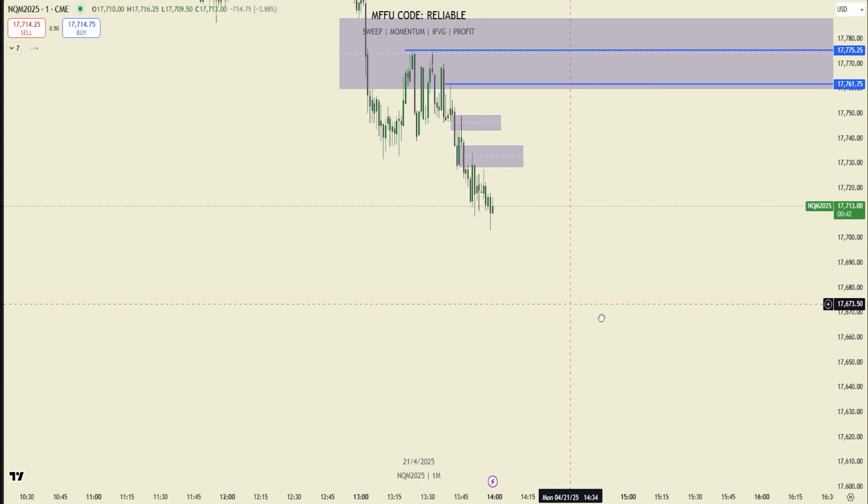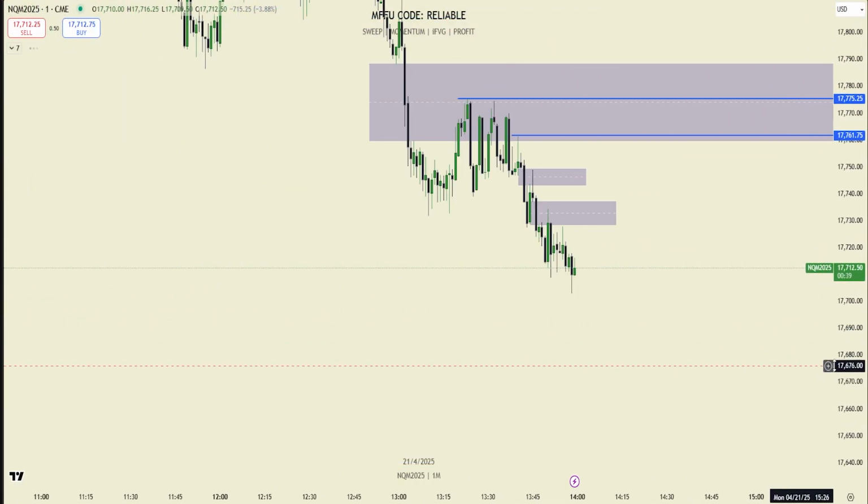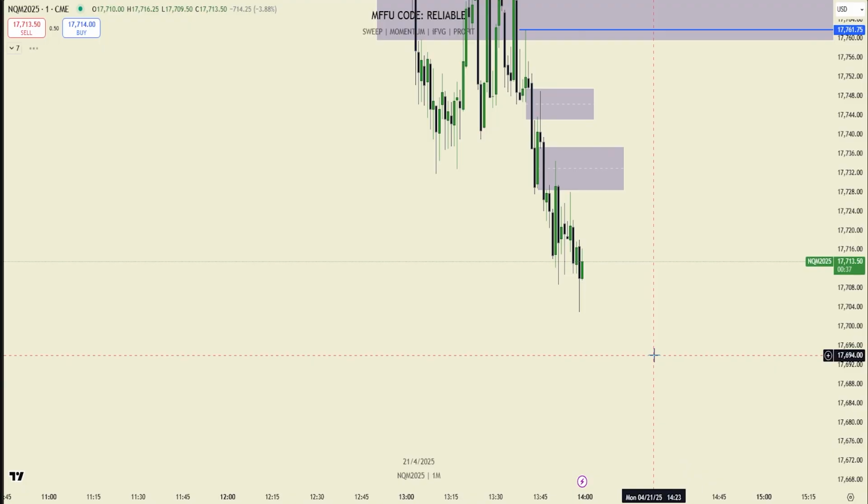But yeah, if we start to bounce here, get a nice bullish candle up, then I'll probably be bullish.